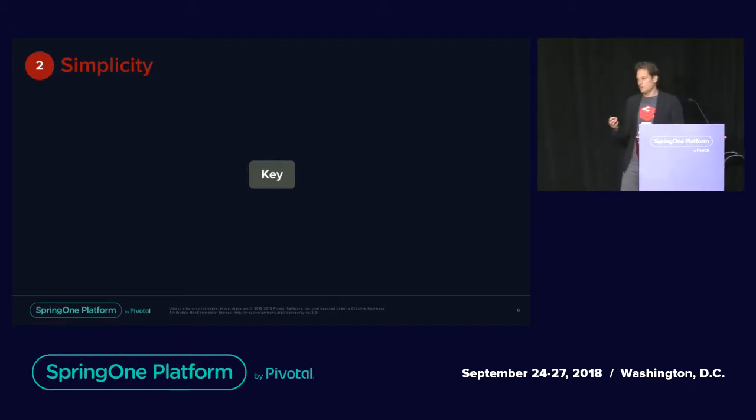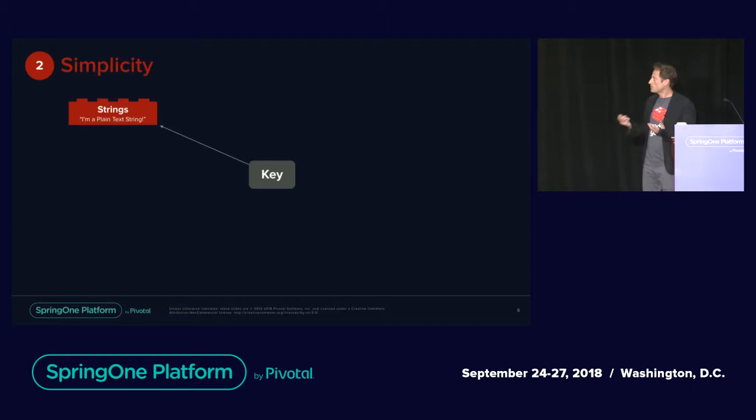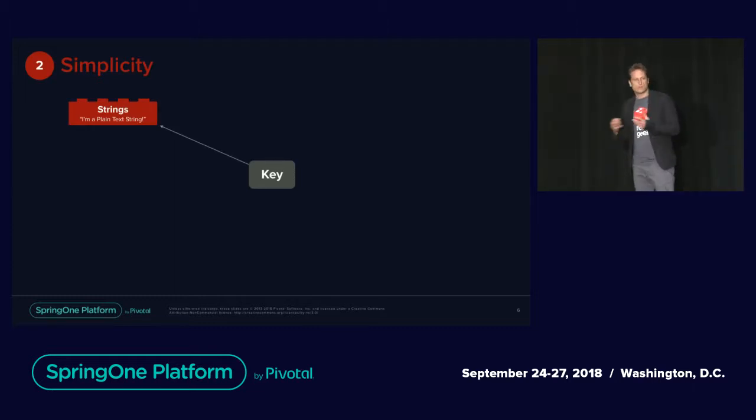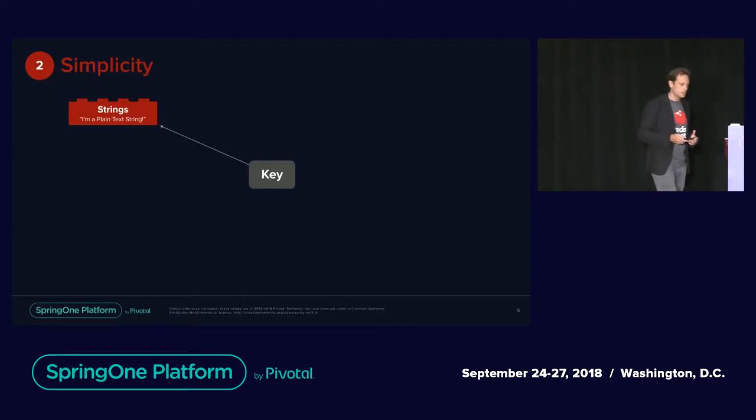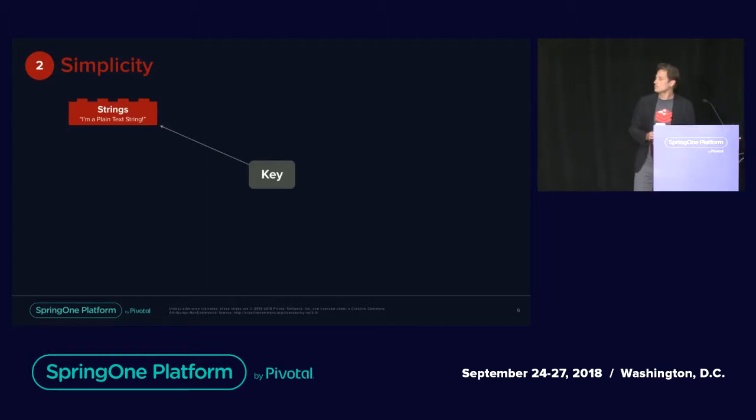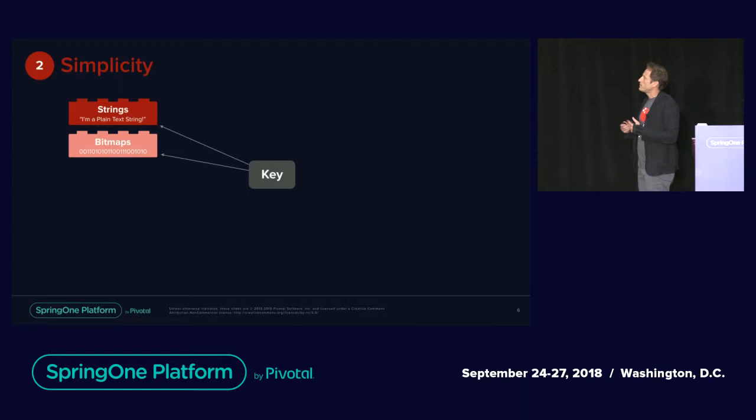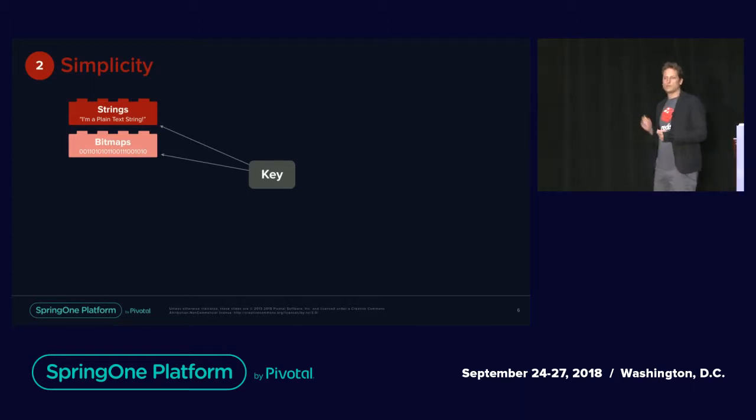So Redis at the base is a key value store, but the value can take different shapes. The most commonly used one is strings. Strings are binary safe. You can store byte arrays in there, so you're not limited to just text. On top of these strings, you can also do bitmaps and manipulate bits inside that byte array independently of each other.